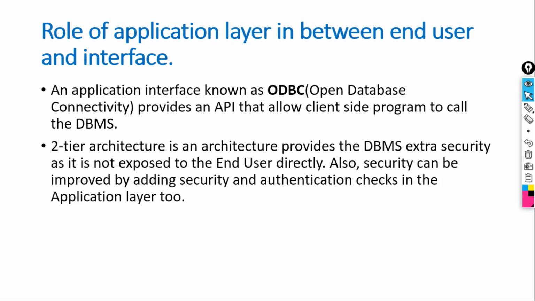Now, two-tier architecture provides the database management system extra security as it is not exposed to the end user directly. Also, security can be improved by adding security and authentication checks in the application layer too.